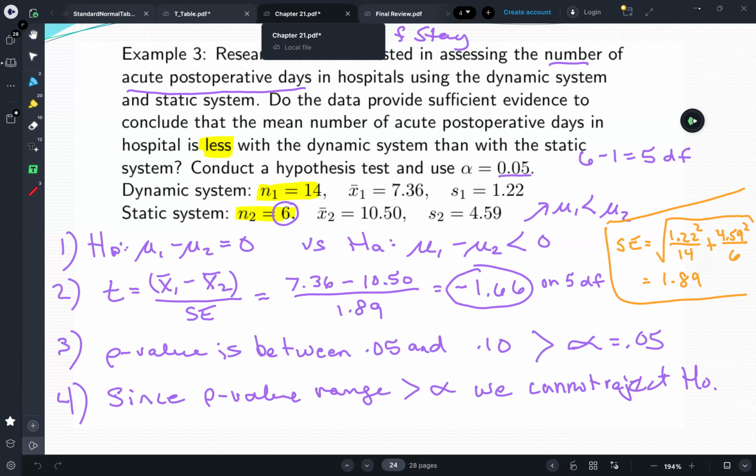If alpha is 0.05 and the p-value range is between 0.02 and 0.05, what would we do?